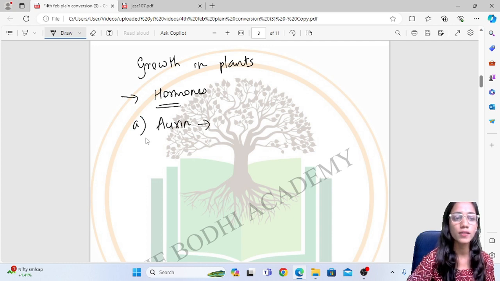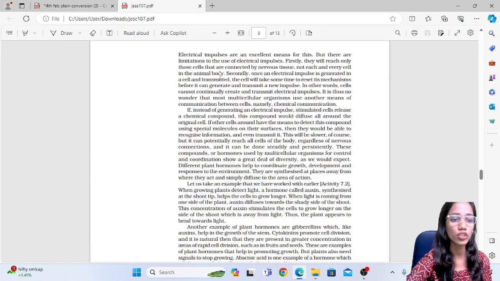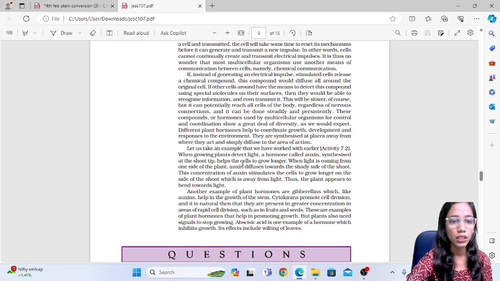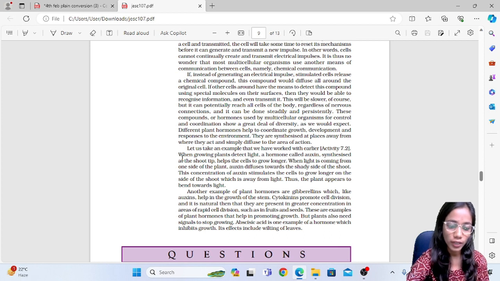So the first hormone which we will study is auxin. Auxin is involved in growing the length of the plant, the length of the shoot. It detects light. We know that plants grow only when photosynthesis happens. This hormone called auxin is synthesized at the shoot tip.